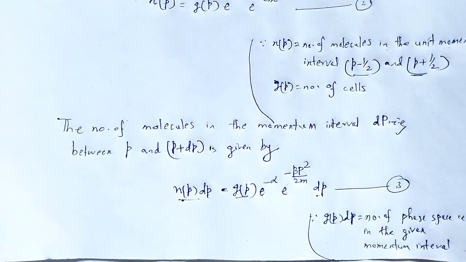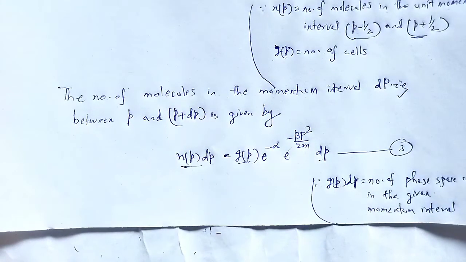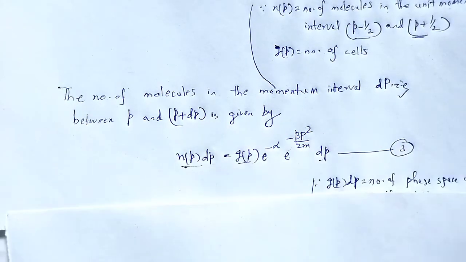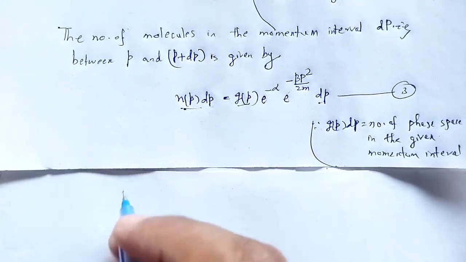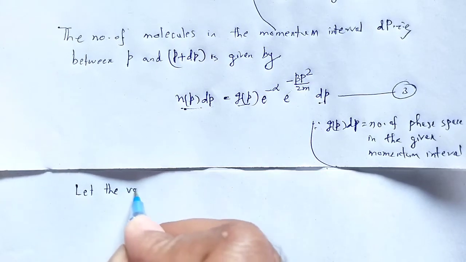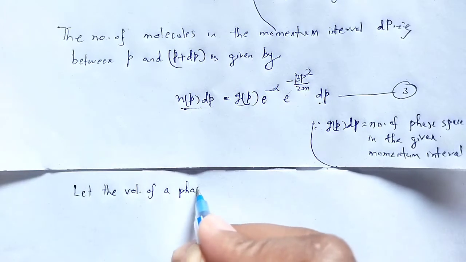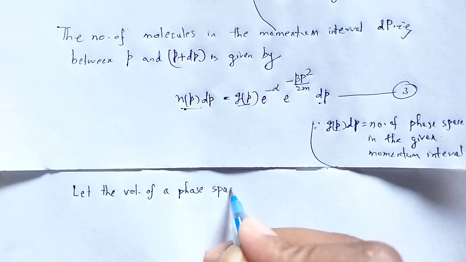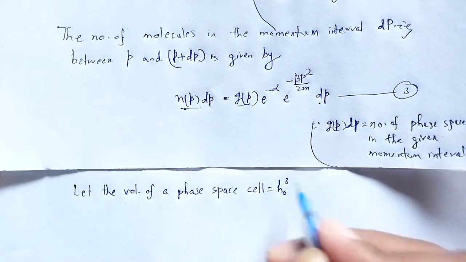Now in the phase space cell we consider the volume of the phase space cell. Let the volume of a phase space cell be h naught cubed.